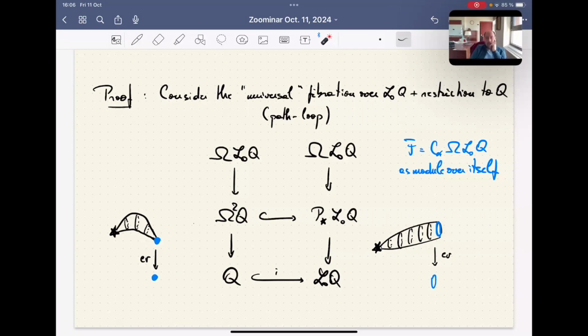And the image on the right is supposed to represent an element. It's a path of loops that starts at the base point, which I consider to be a constant, and which ends anywhere. And the fibration is by evaluation at the end point. And the fiber is based loops on free loops. So what's happening when I restrict to the constants?